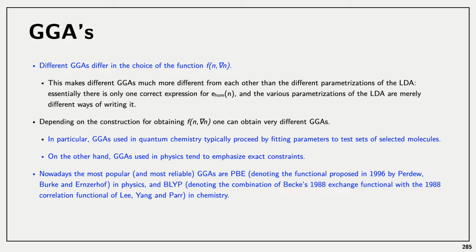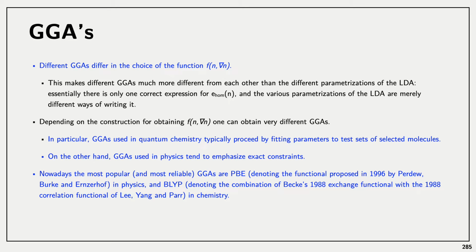For example, two well-known ones are PBE, where P, B, and E stand for Perdew, Burke, and Ernzerhof. And PBE is essentially pretty much the most used GGA functional in material science and solid-state physics.